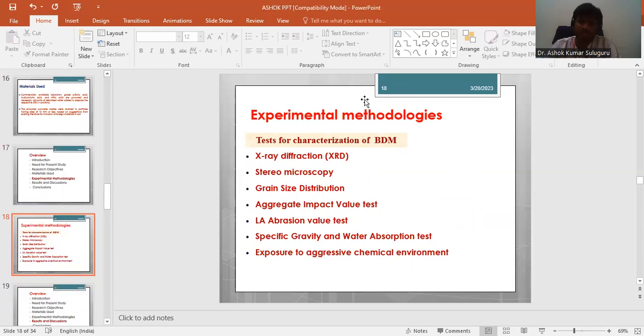After doing all these experiments, we also study how the materials behave when exposed to the chemical environment. We immerse those materials in the chemicals and again do all these tests, so we can clearly observe the difference in behavior before and after exposure to the chemical environment, and how the properties change.